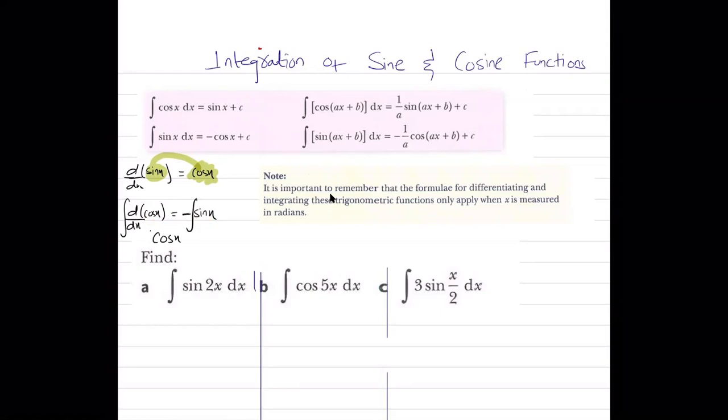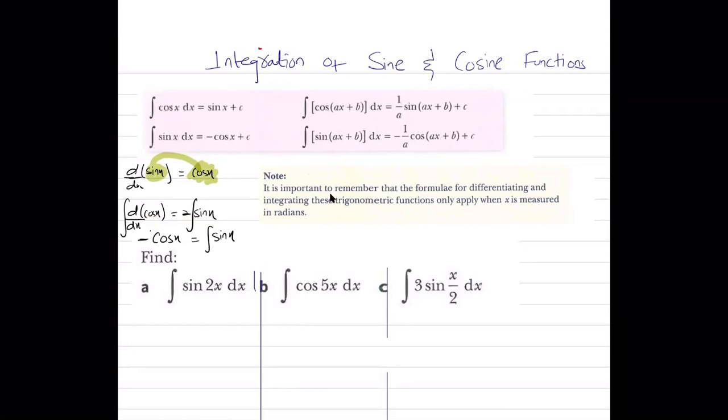If I just take this negative sign on the other side, integration of sin x is going to result in negative cos x. That's why these are the two fundamental integration tricks that we are going to use. Integration of cos x is sin x plus c, and integration of sin x is negative cos x plus c.